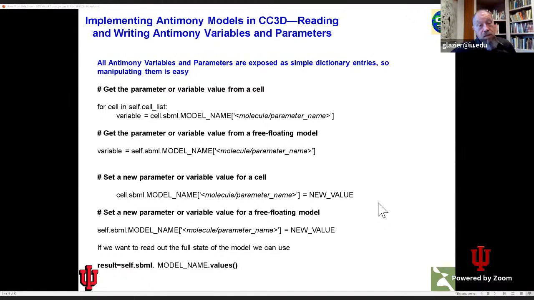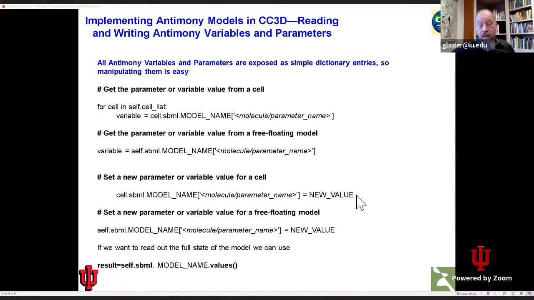If we have no access, we don't get anything useful out of it. Again, references for a model loaded in a cell, cell.spml, and that model name, which we specified when we created the model, loaded the model, instantiated it, and then a square bracket, the name of the species or parameter that we're going to read.